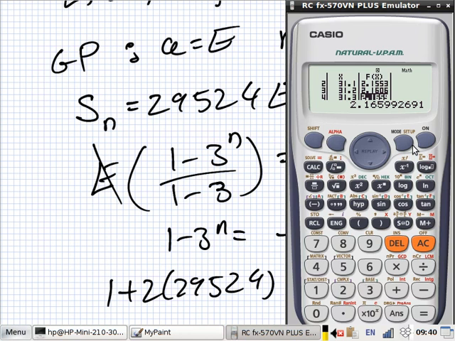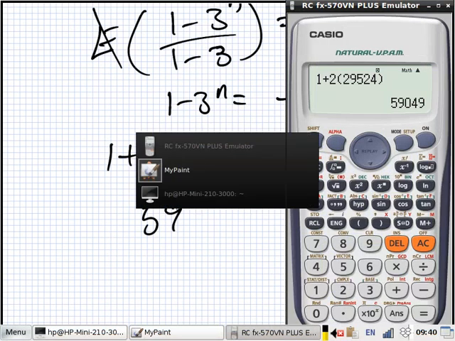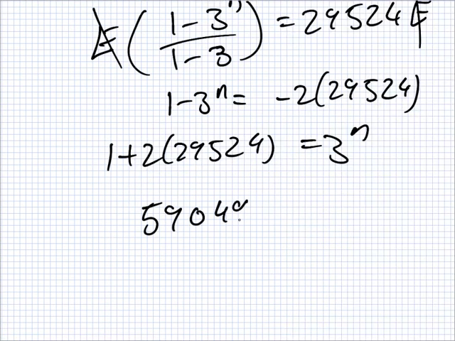So I get 1 plus 2 times 29524 equals 3^n. Now, 59049. Now wait just a second there. 59049. That's equal 3^n. Now, we have to estimate the n here.